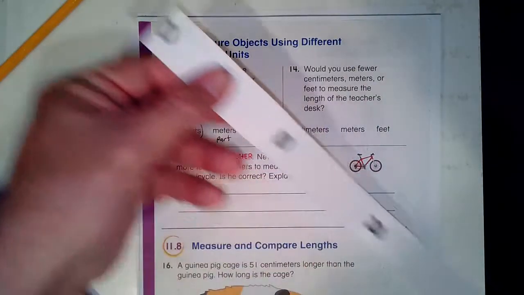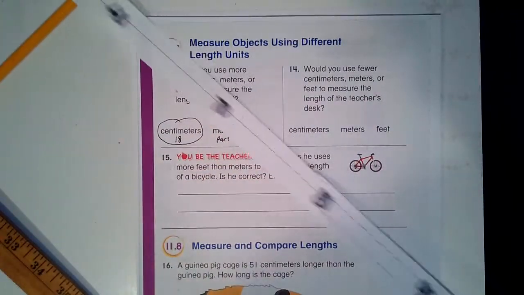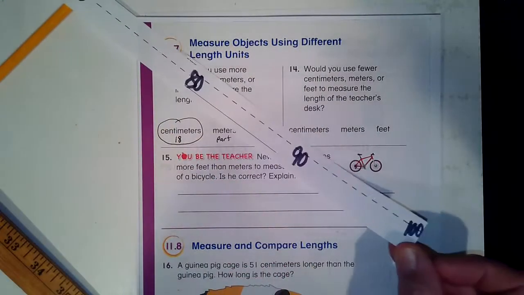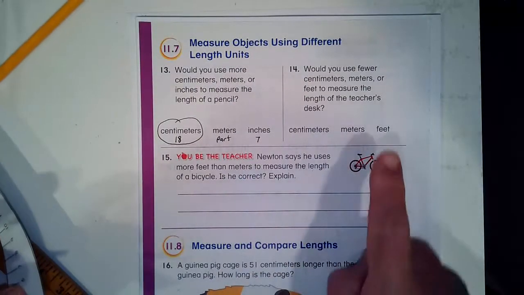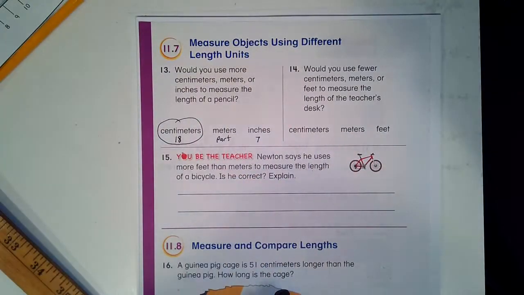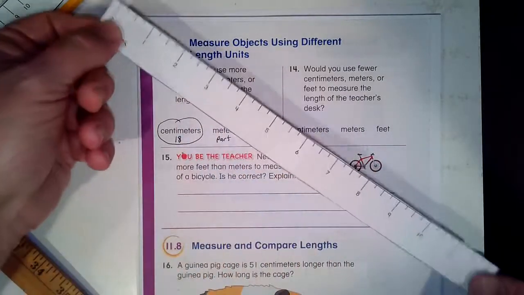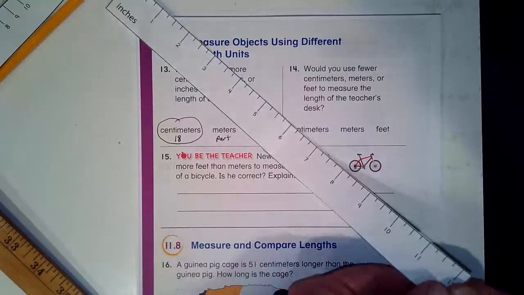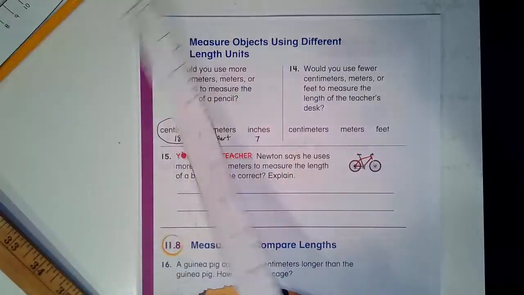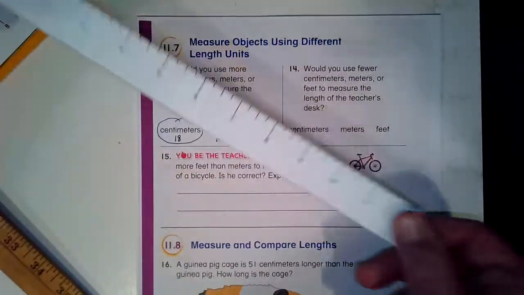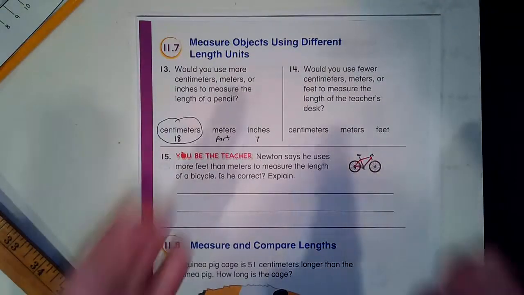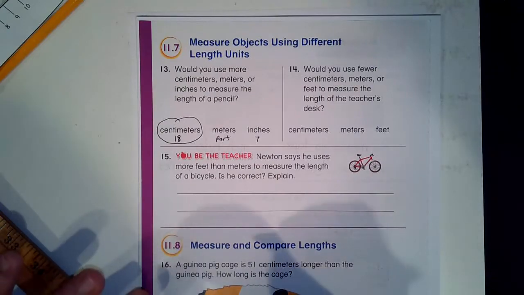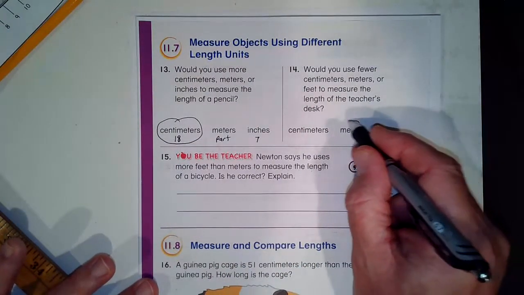So I'm measuring my meter. This would be 1 all the way across. Or feet, I would use this. And if my desk was bigger than this, then I would have to say 1, and then another 1, and then another 1, and another 1. So which one would I use the fewest of? You're right, it would be meters.